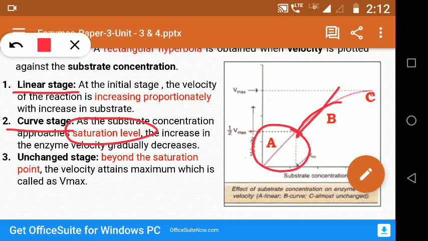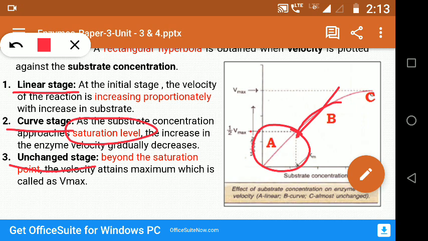Most of the substrate molecules are binding to all the enzyme binding sites, that is, the active sites. So as it approaches the saturation level, the activity slowly increases, but not proportionately.